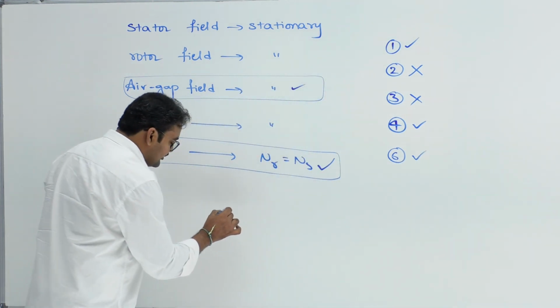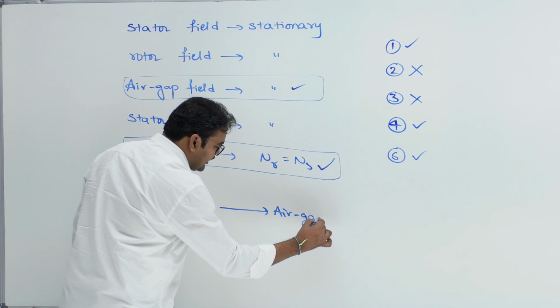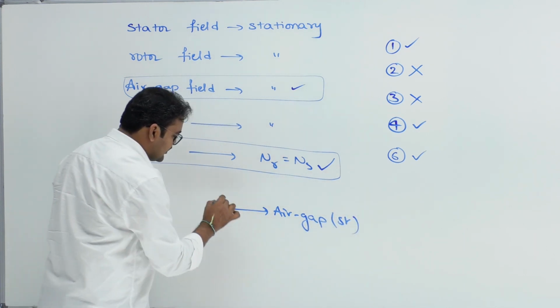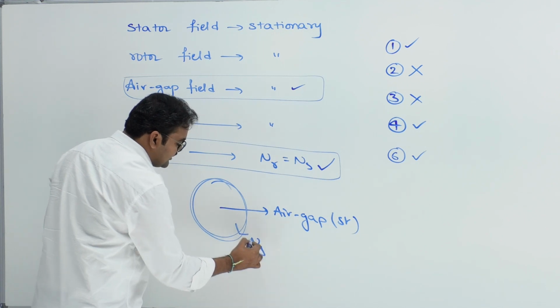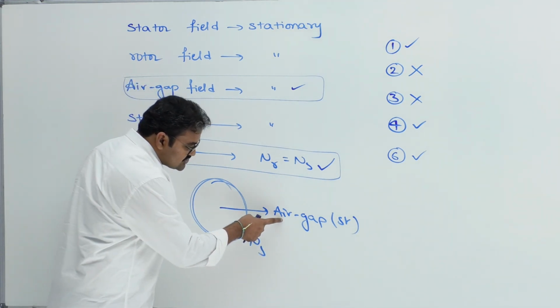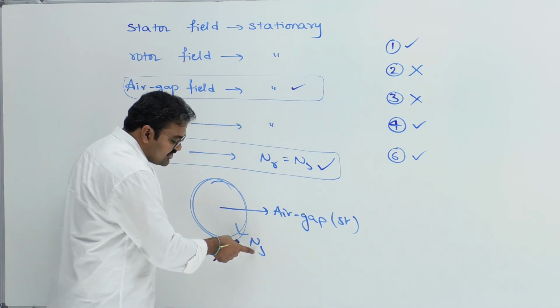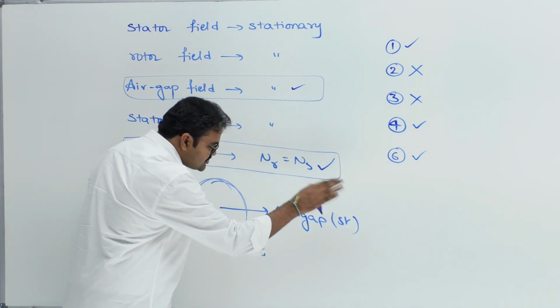Because as I told you, air gap field is stationary. It won't move. It is stationary. But rotor is rotating at a synchronous speed in clockwise direction, let us say. Therefore, what is the speed of air gap field with respect to rotor? Actually, speed of air gap field is 0.